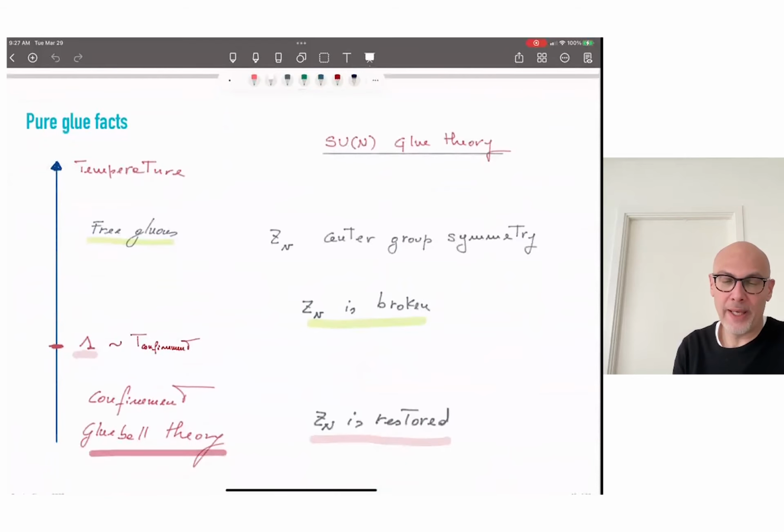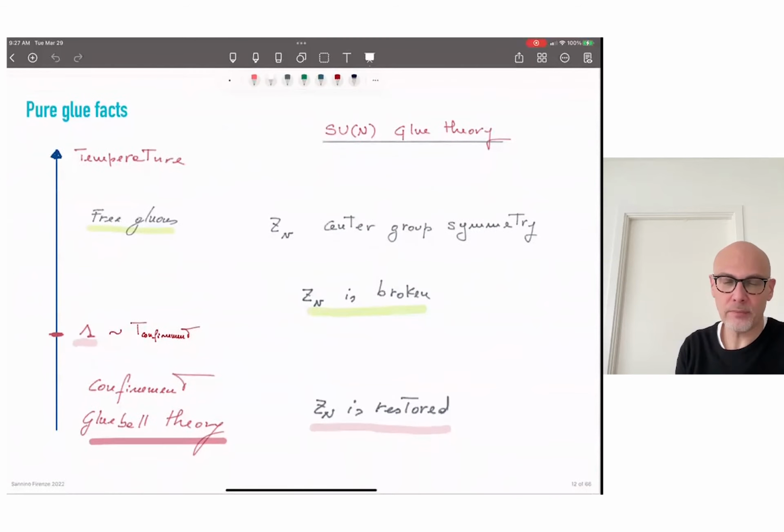So let's go back to the pure glue fast. And here I feel very much at home because the people in the audience have worked on that and they can teach me so much about that. So please don't switch off your brain, because it's just a little summary to then see how this is relevant in cosmology. Okay. So let's concentrate on a pure SU(N) theory.